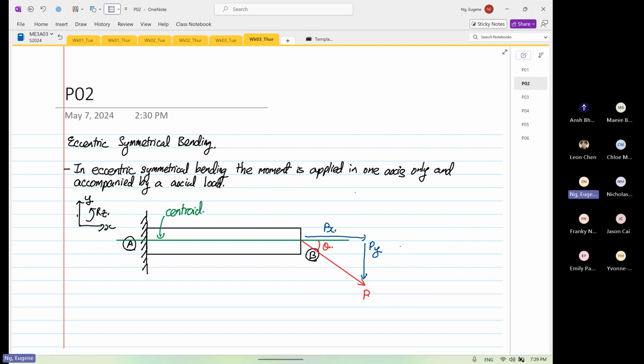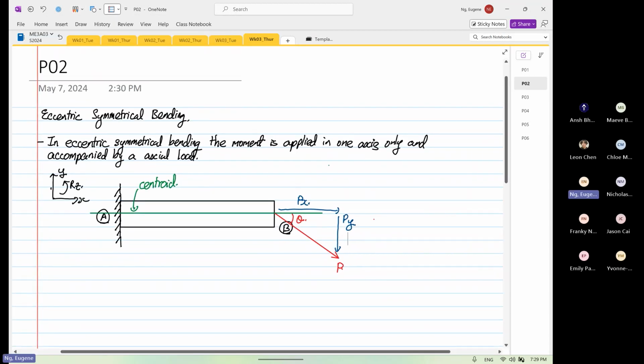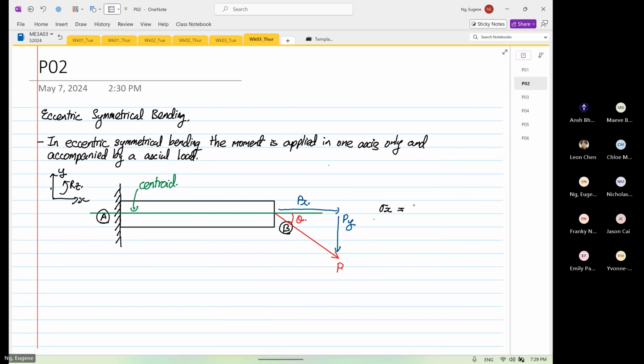So for this case, the formula that we are going to apply now is stress x is equal to Px over A. Over here, we deliberately put Px over A because Px is acting in the tensile direction relative to point A. It's stretching point A. And then we follow the formula.